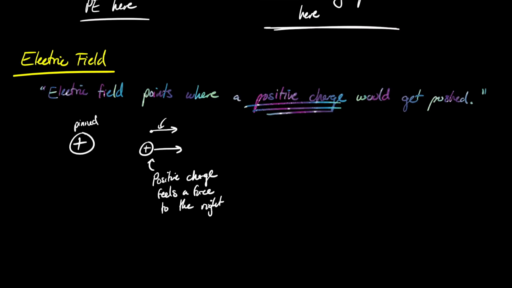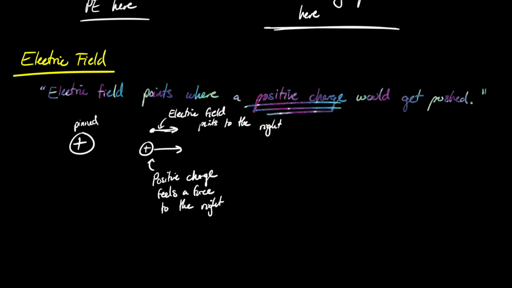The other viewpoint is the electric field points to the right. It doesn't mention what object we're talking about because implicitly in the definition of electric field, you know that electric field tells you what direction a positive charge would get pushed in this scenario. So the answer would be that the electric field points to the right over here.